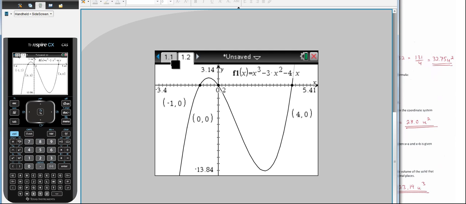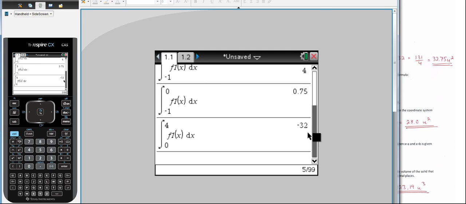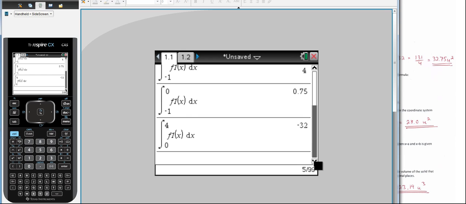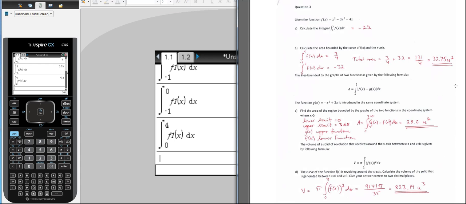Okay, so the area is 32 for that part, and up here we had 0.75. So the total area would be 32 plus 0.75, which would be 32.75. And since we don't know if it's in centimeters, meters, we're just going to write unit squared. Okay.